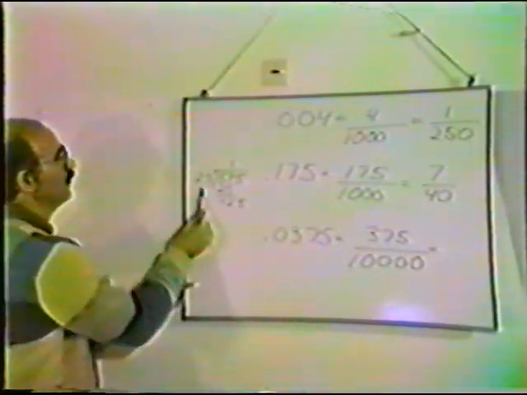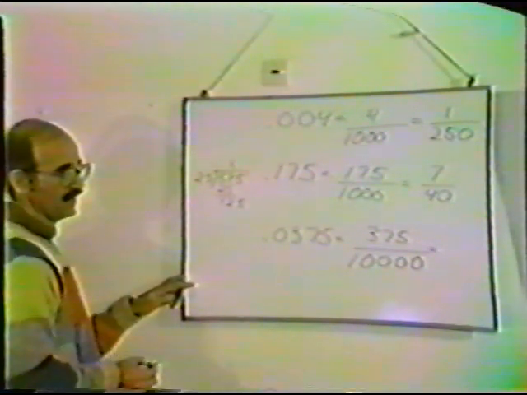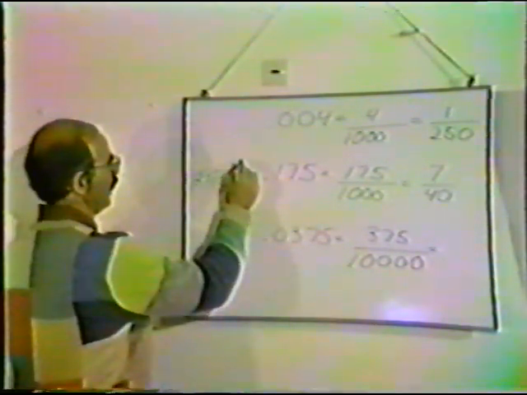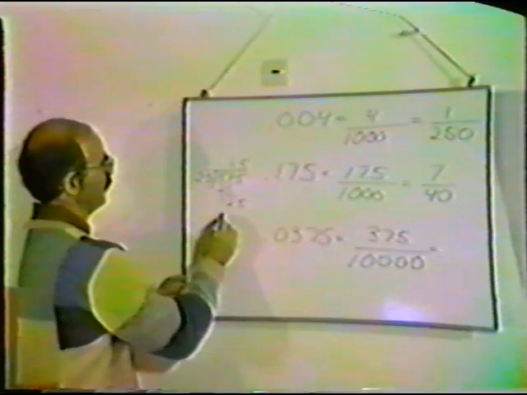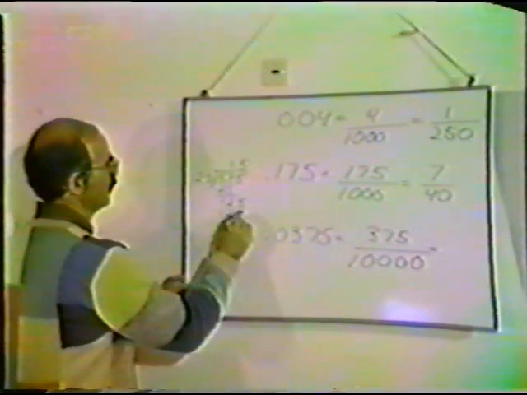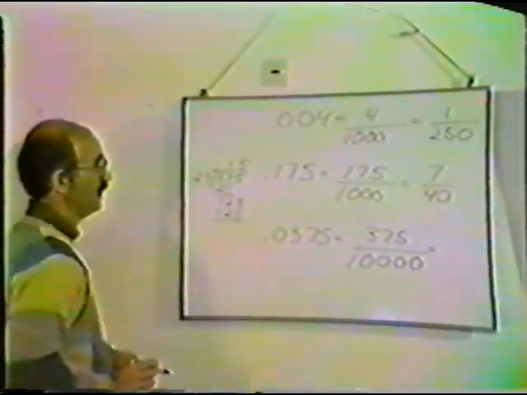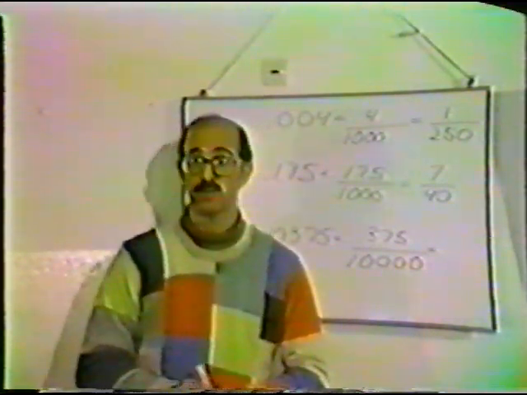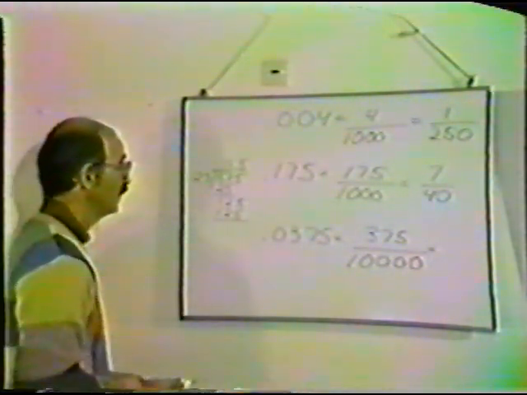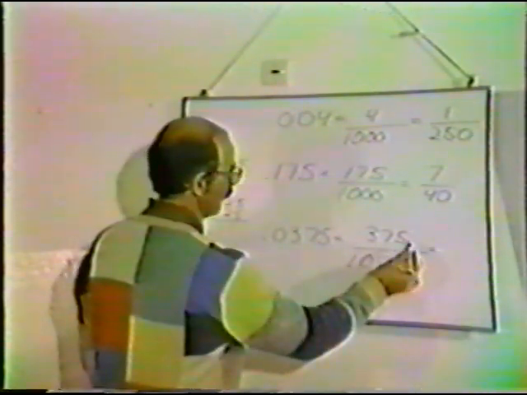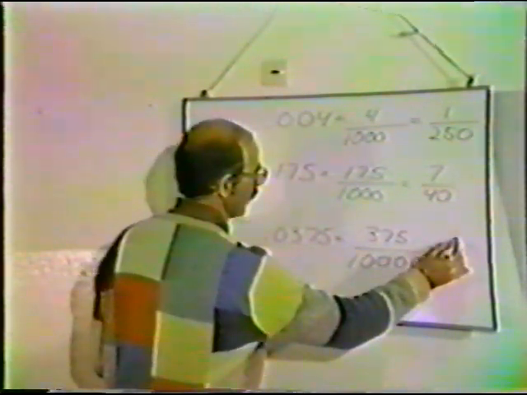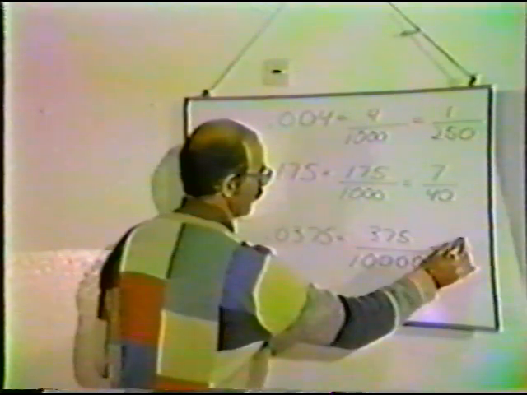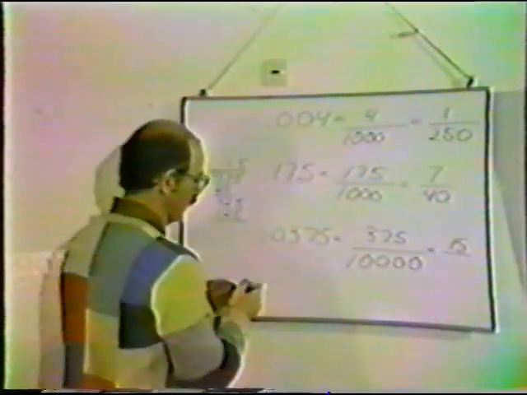How many do you think we can fit in 125? 5. I think 5 is a good one, and you would find that it does come out just right. If you had tried 6, you would have found out it was just a little too big. So we have 25 into 375 is 15.